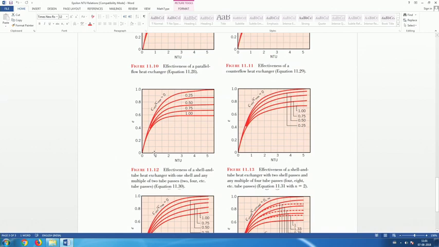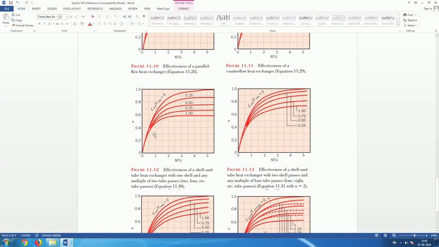So, with a known value of NTU equal to 0.968, we go up to the curve, which is C minimum by C maximum equal to 0, which should be the case for condensers and boilers, and we read what is the value of epsilon. So, this value of epsilon is going to be slightly more than 0.6. Let us take the epsilon to be equal to 0.62.